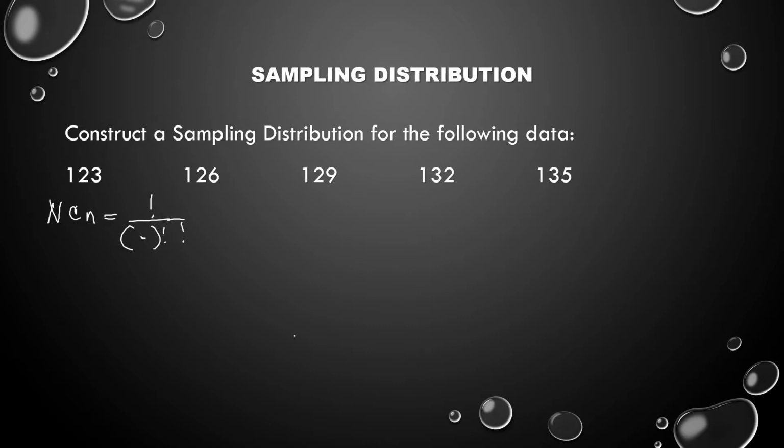Meaning to say, we will be finding how many possible combinations we can make from that population, arranged according to the sample size. So we have this formula as N factorial over N minus n factorial times n factorial. Plugging in, our N is the number of values found in the given data.